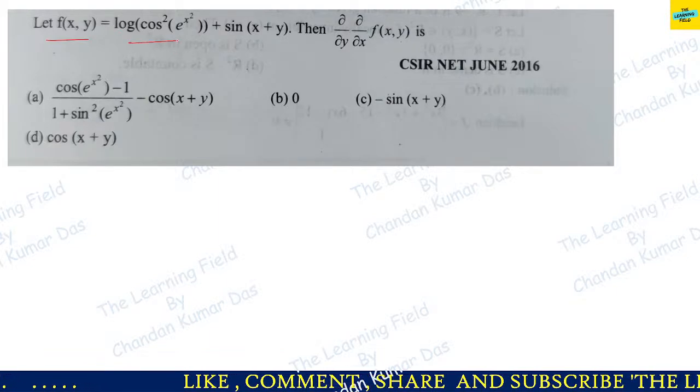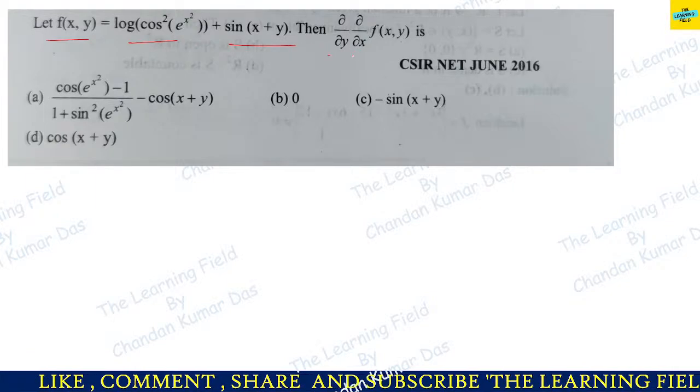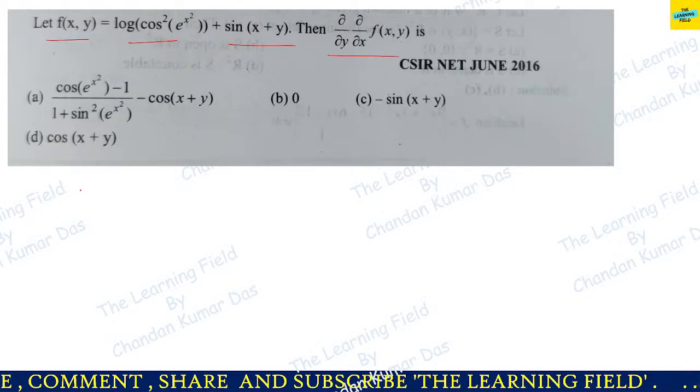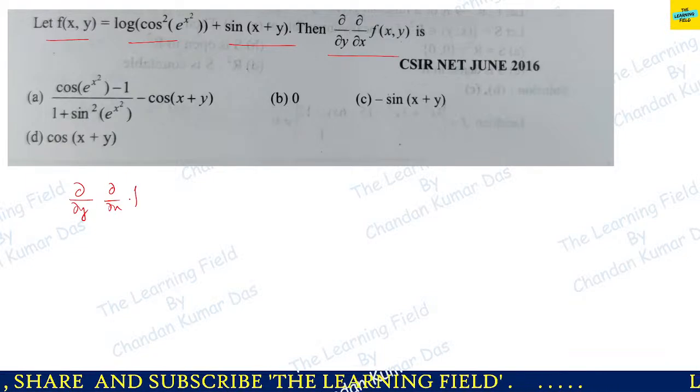It says that log of cos of x cos square e to the power x square plus sin xy, then the function we have to calculate del y of del x, so of fx, okay.